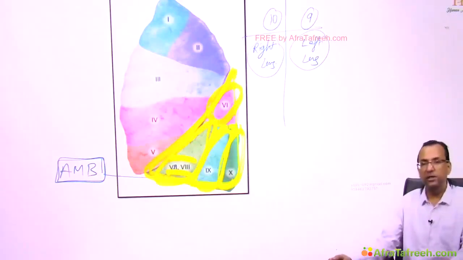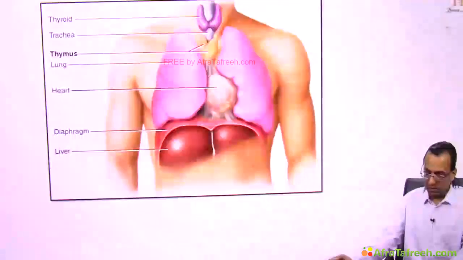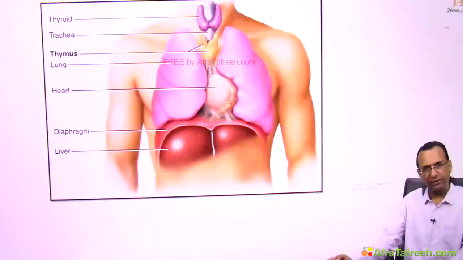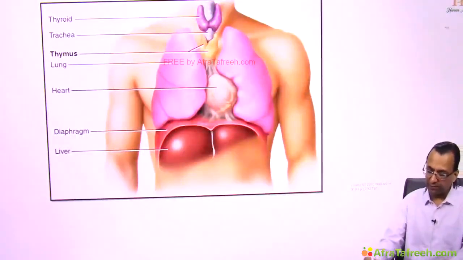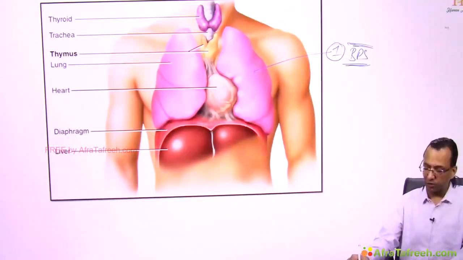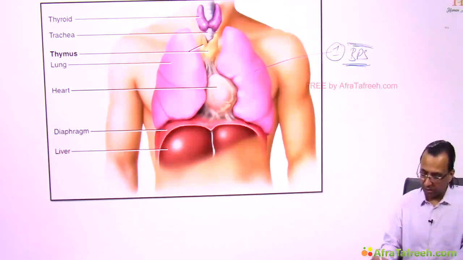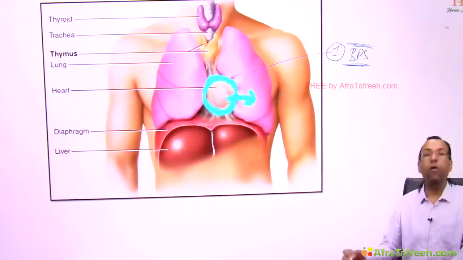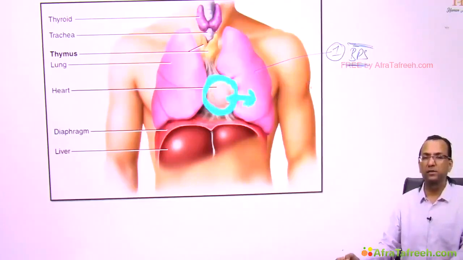This is the discussion now. So we are looking at the left lung now. Yes. And you're telling me 1 BPS is missing. Can you tell me why 1 BPS is missing in the left lung? It is understood that the heart is encroaching at the base of the left lung, so it requires some space.